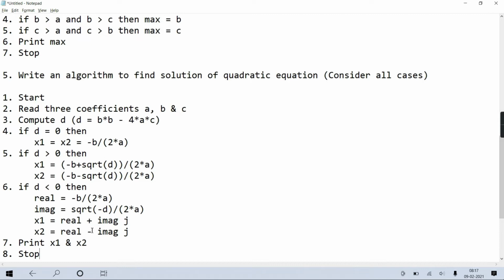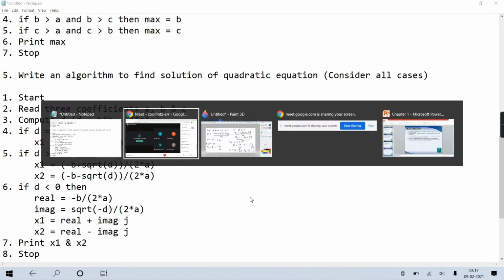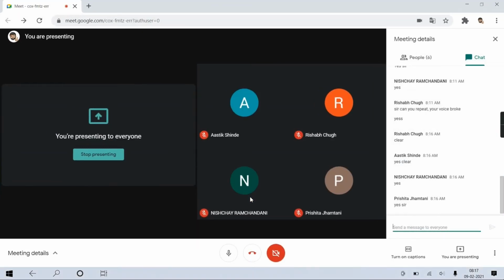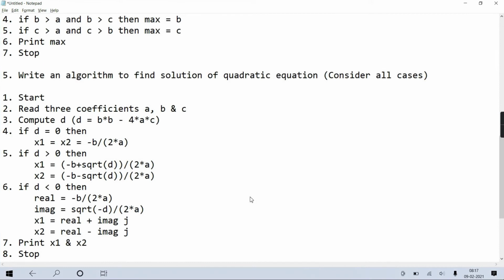But C has not given that, so in C we just have to do printing in this way: real plus imaginary, real minus imaginary. So through printing we will do all this work. So it depends on the conversion. Okay? Good. All are saying yes. So you got this example.